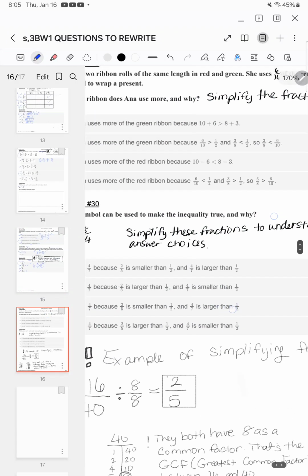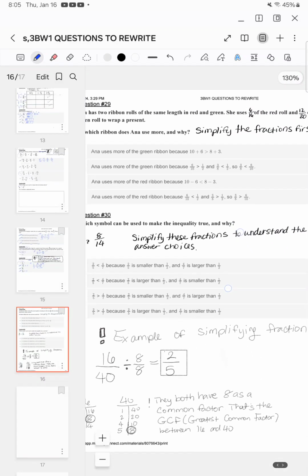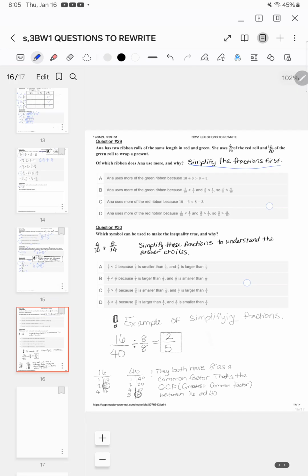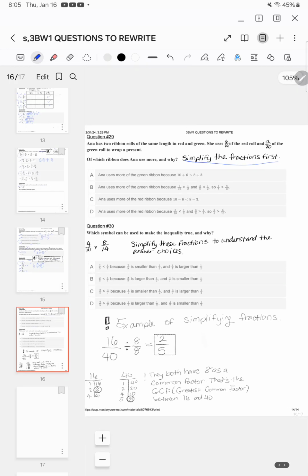We have come so close to the end. Simplify the fractions first. So let's make these fractions as small as we possibly can. So I see 6/16, and I also see 12/20. Now, if I were to use my dump your brain for 6 and 16, I can see what factor they both have in common, so I could divide.